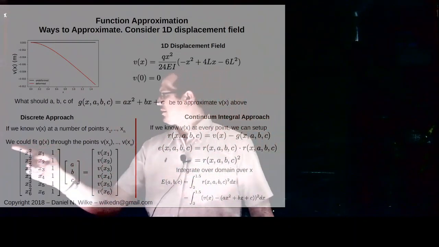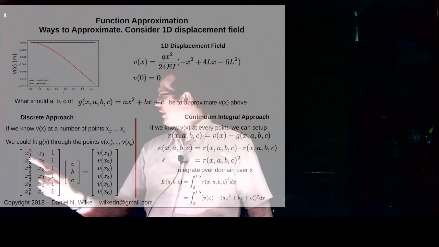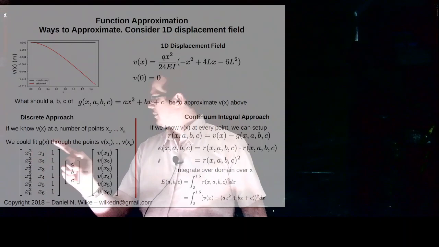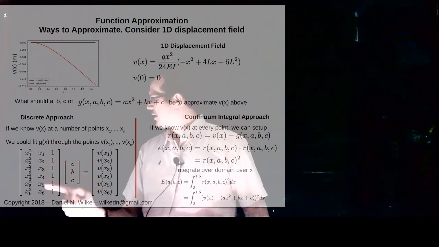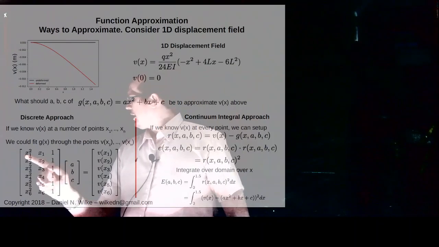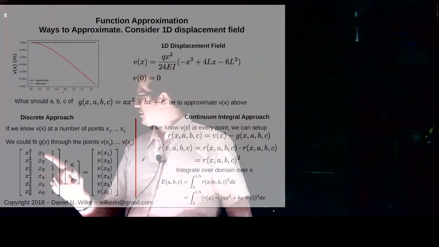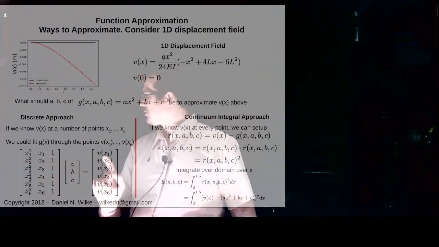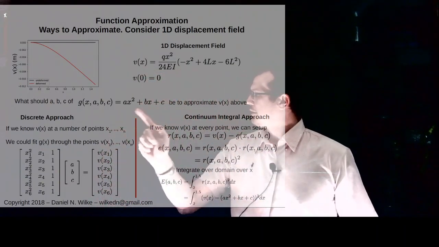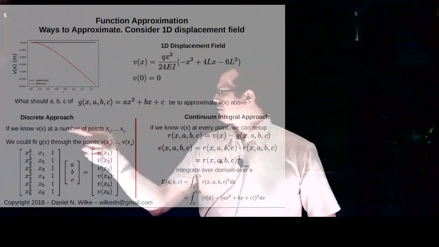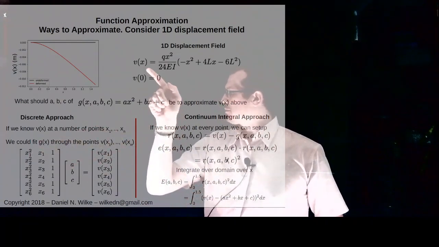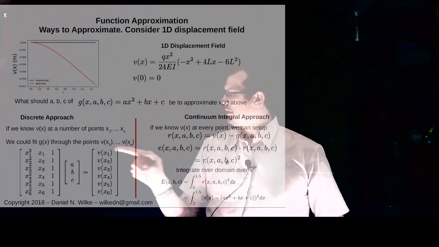The first equation is: a multiplies with the first column, b with the second column, and c with the third column. So what stands there is a x1 squared plus b x1 plus c is equal to v of x1. All it is is substituting x1 into this left-hand side, and on the right-hand side substituting x1 into this expression to get the right-hand side.